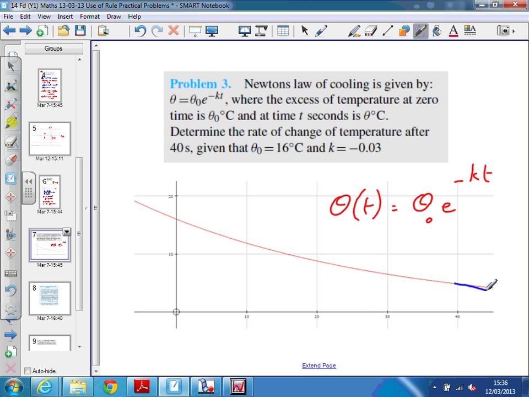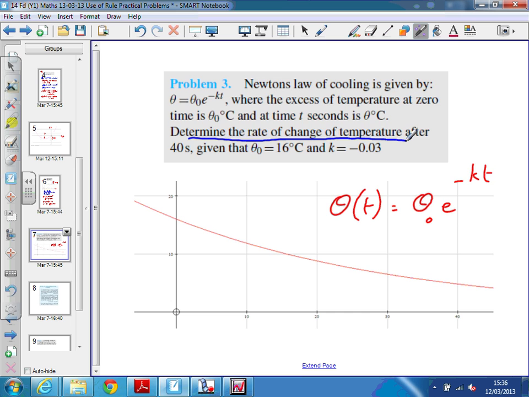Okay? So look, the gradient is getting less. Steeper gradient there, less steep gradient there. The rate of change of temperature is reducing. And we want to find out what that is. So as soon as I see, determine the rate of change of temperature, what's that telling me to do?